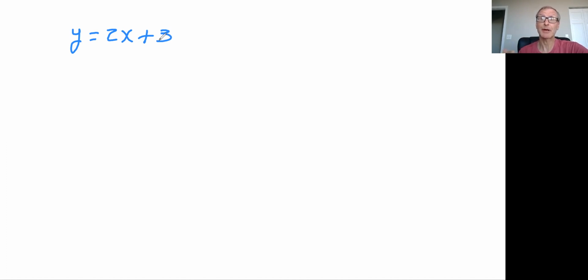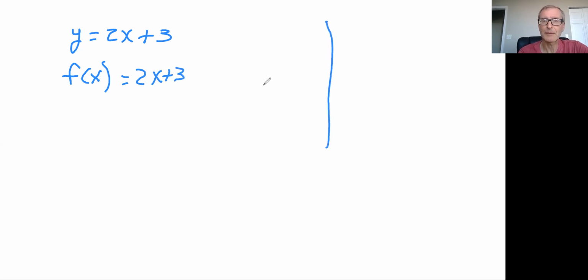But if we say, okay, it is a function, then we can use this functional notation, f of x, which actually means y equals 2x plus 3. So if you think about the graphing of this, where x is here, and remember y is up here, well, that's the same as f of x.